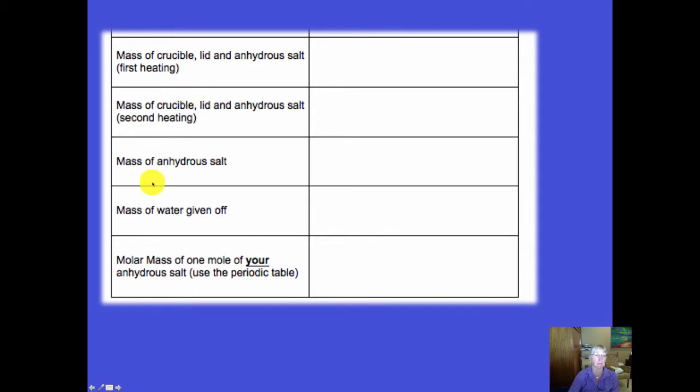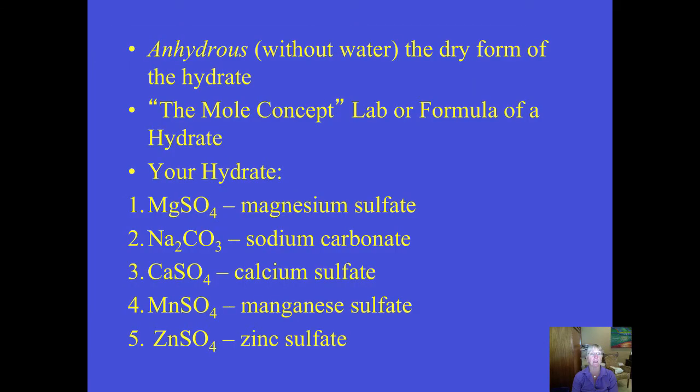Down at the bottom, you'll need the molar mass of your anhydrous salt. Well, just like we use the periodic table on the molar mass worksheet, you're going to go to the periodic table and calculate the mass of 1 mole of your ionic compound without water. Here's that list again.